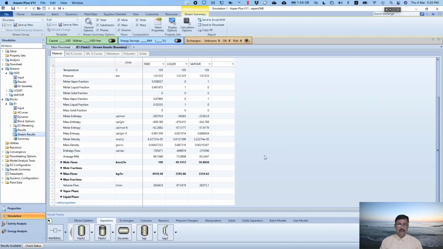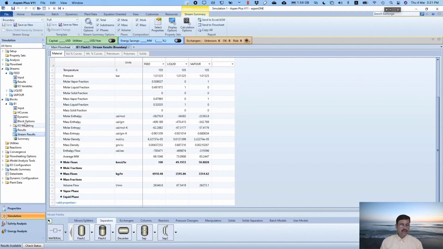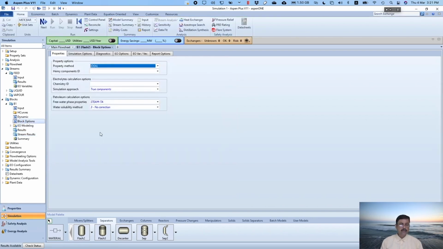Now let us run this with Van Laar model. For that, we can go to the block option. We do not have to go back to properties. Here only we can change the block option from ideal to Van Laar.